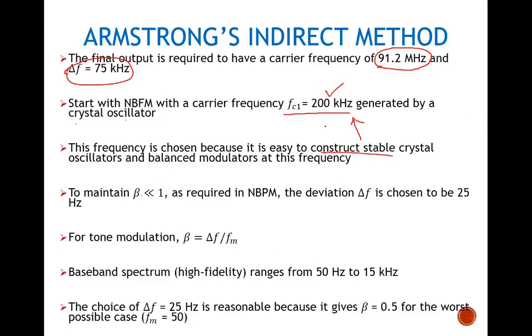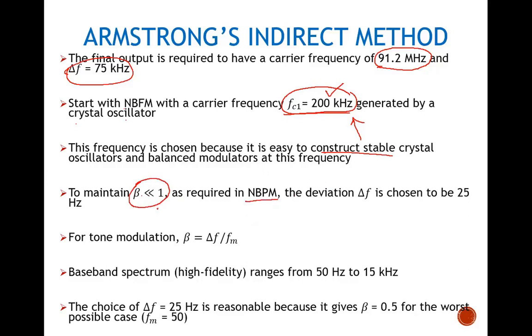We start with this carrier frequency because if we start with a stable frequency, the end frequency would also be stable. But if this frequency has some deviations, that deviation would be multiplied at the output of the Armstrong modulator, the FM generator. Then we maintain a beta much less than 1, which is required for narrowband FM.